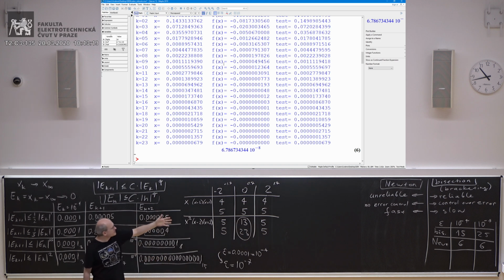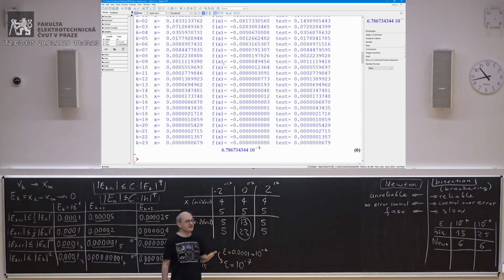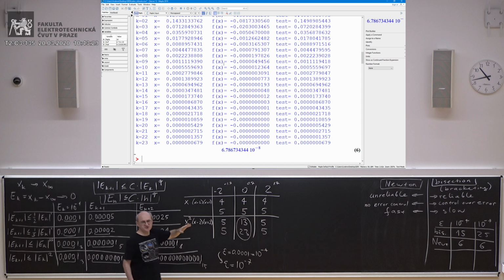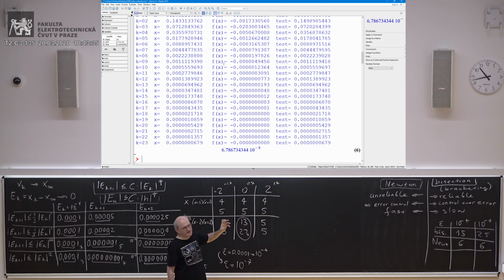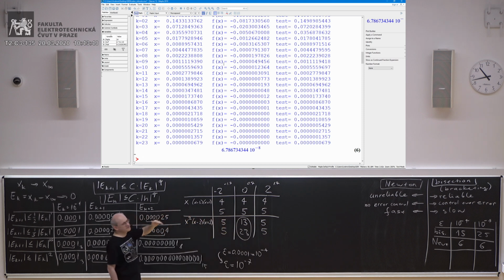When you compare them, you can see that the bisection method and the Newton method are complementary in a way. For each of the 3 properties, always one of them is good, the other one, well, let's say not so good. So they complement each other. And you could also say it in this way. Newton method is really, really fast, but it pays for it by reliability, by missing control of the error.